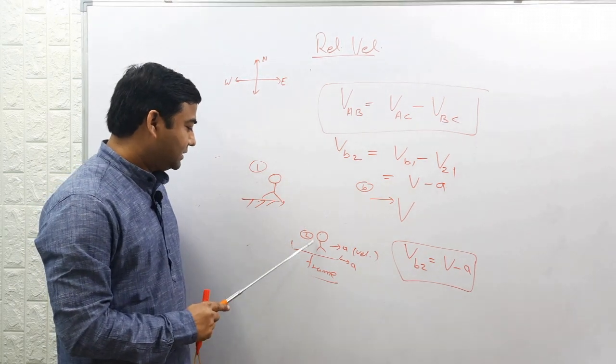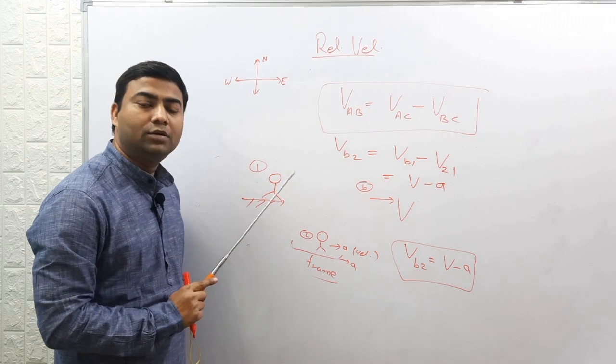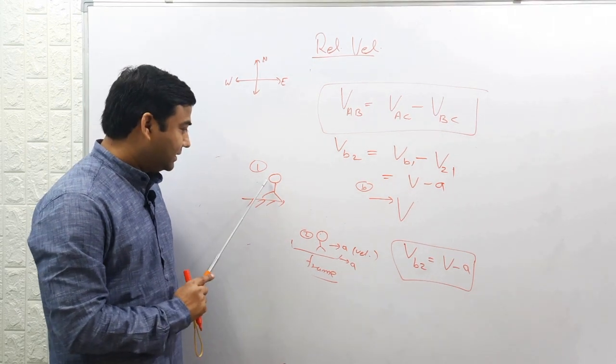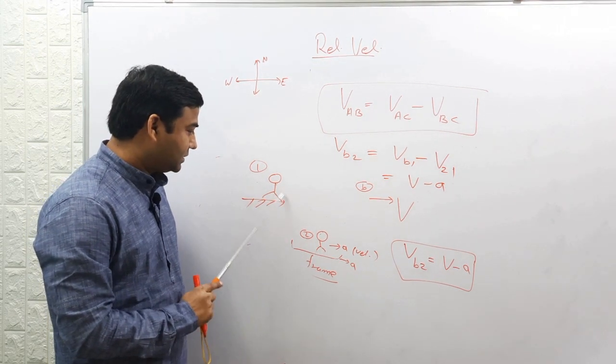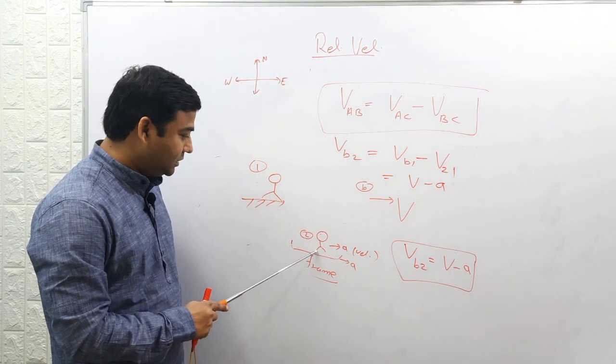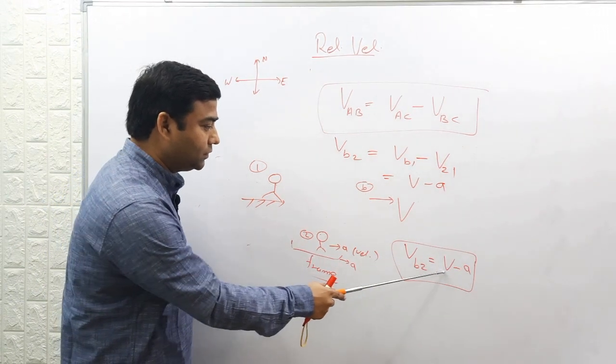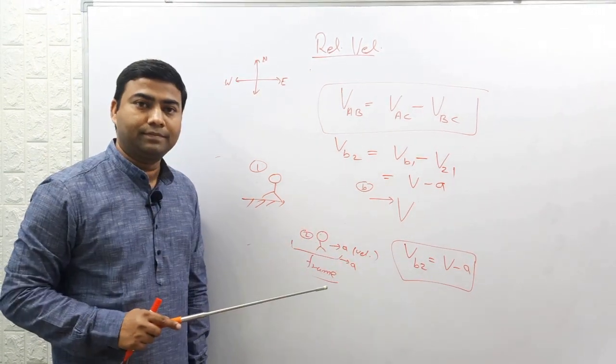Observer 1 sits on this moving frame and becomes observer 2. Now the same observer who was sitting here has sat here, and he observes that the same ball is moving with velocity v minus a.